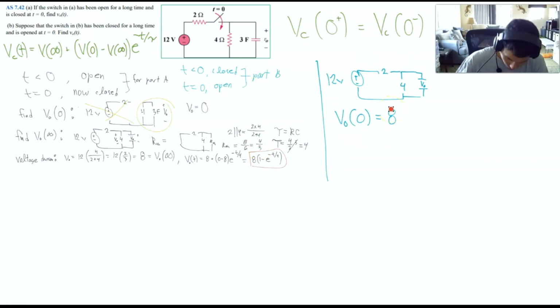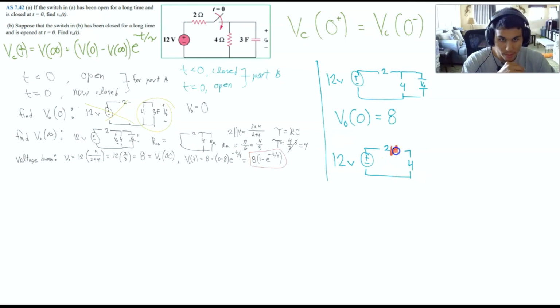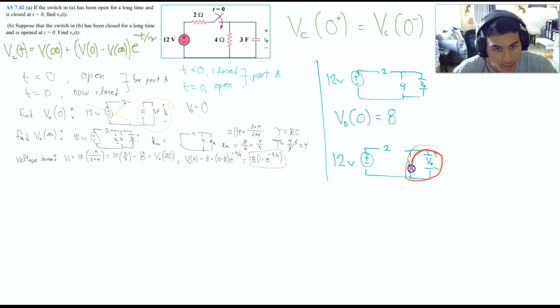So if it opens, we draw the circuit again. 12 volts plus or minus, 2, 4, and remember, nothing goes here. This is open right here. I have to leave it open. VO plus or minus. And you can see that obviously, again, same thing is going to happen here.